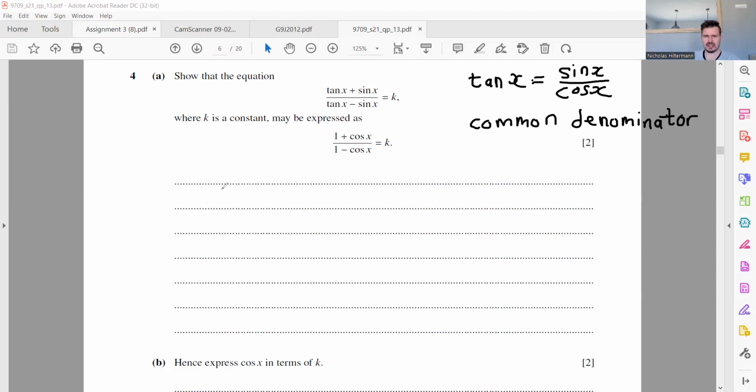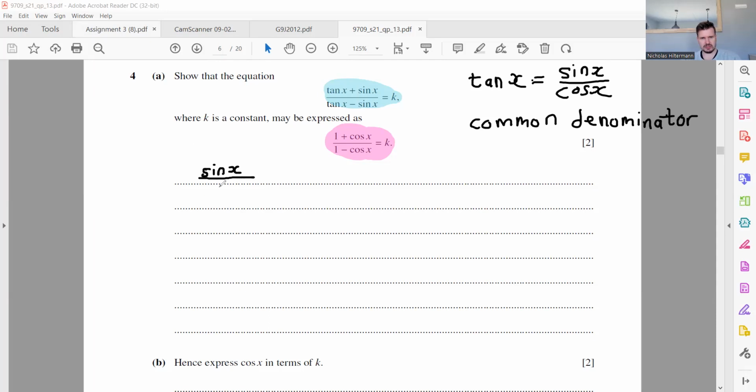So whenever I see tans, I want to change them to sine over cos. So I want to make this light blue one, and I'm going to highlight this one in pink. So sine x over cos x. Okay, I want you to do this with me.